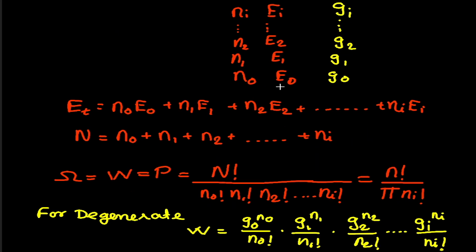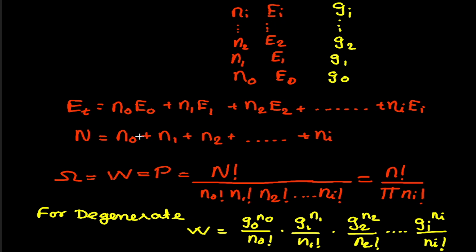and we consider that they are arranged in this particular manner, that is, n0 particles are distributed in E0, n1 particles are distributed in E1, n2 are distributed in E2, and ni are distributed in Ei, then for such a system the total energy will be given as n0 into E0 plus n1 into E1 plus n2 into E2, and so on, and the total number of particles n will be given as n0 plus n1 plus n2, and so on.